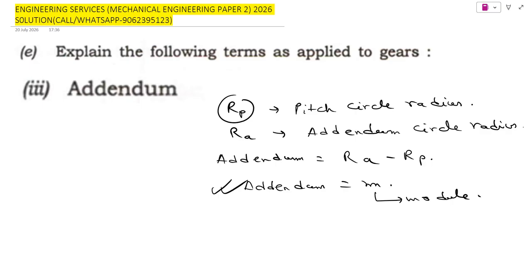Now, let us understand its engineering significance. Why do we need an addendum? The addendum is the part of the tooth that first comes into contact with the mating gear tooth and continues to transmit motion.